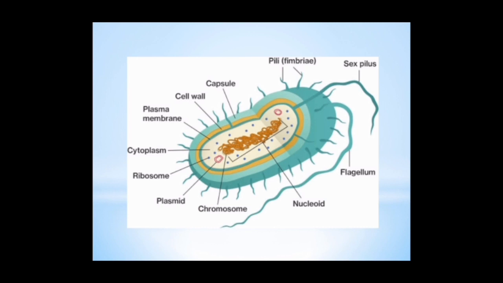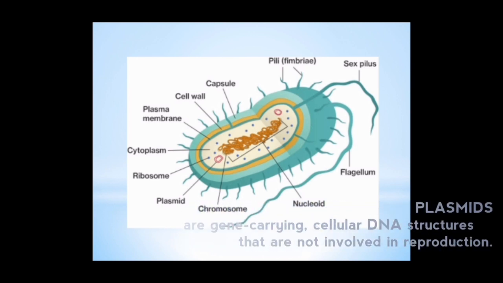So while the plasmids are gene-carrying circular DNA structures that are not involved in reproduction. Plasmids are passed on to other bacteria through two means.